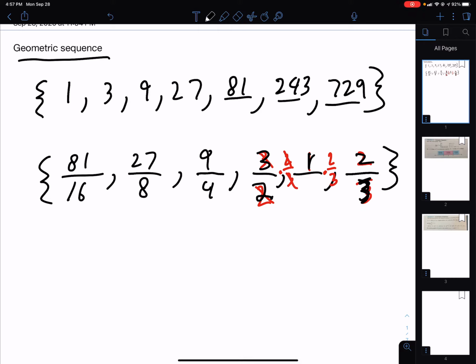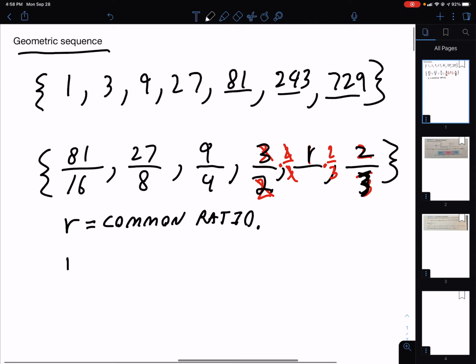That number is called a common ratio, R. So R is the common ratio, and that's what you're multiplying each time. And the secret for finding the common ratio, R, is you take any term and divide it by its previous term to find your R.